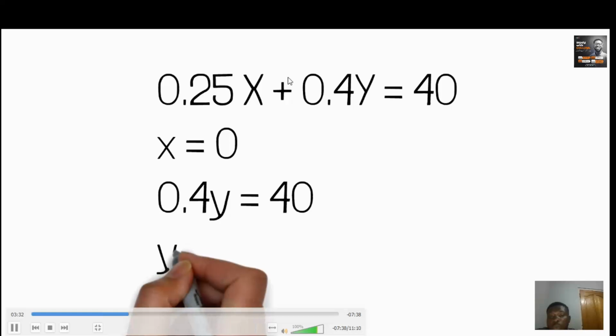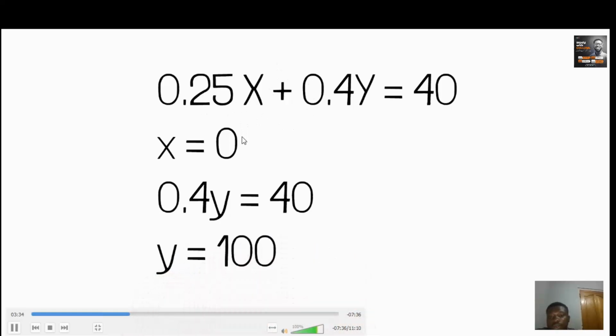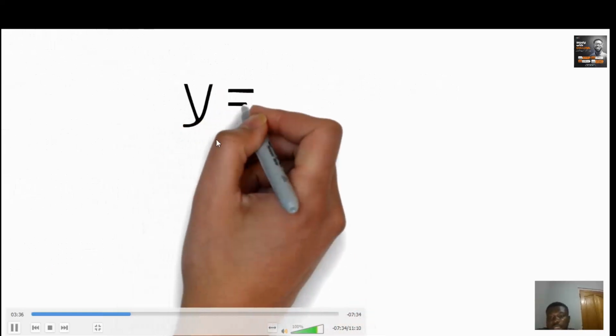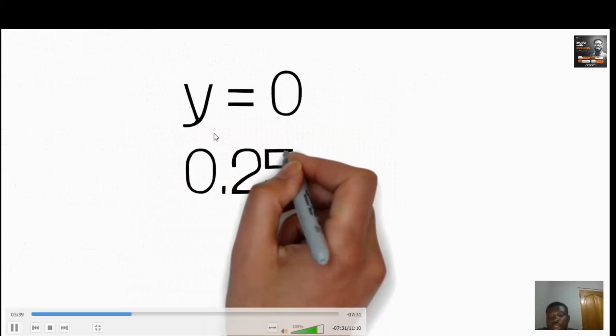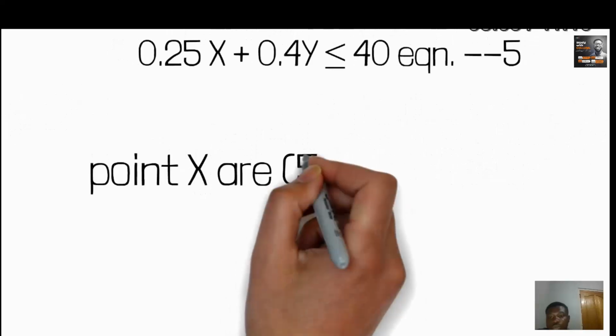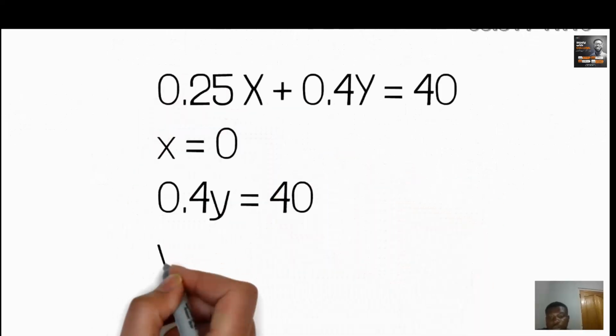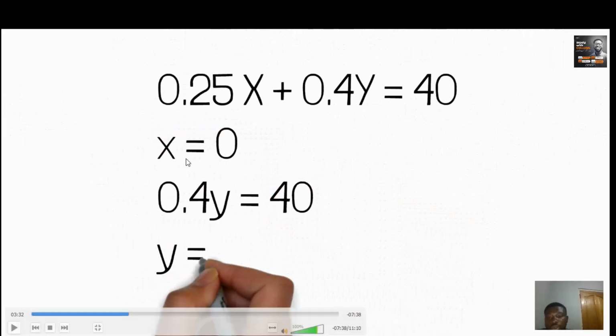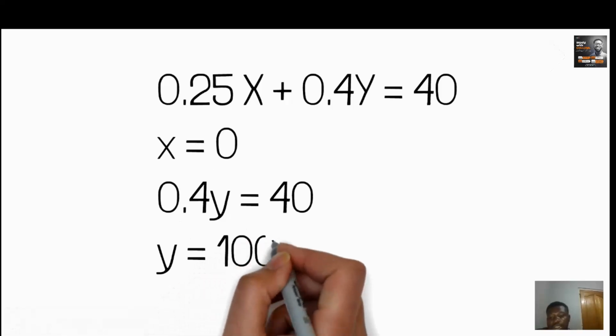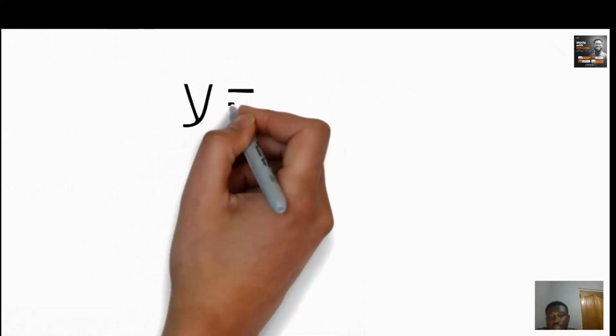With equation 5, we can't just derive the x and y values just like that. What we have to do is equate x to 0 in order to find the y value, and we get 100.